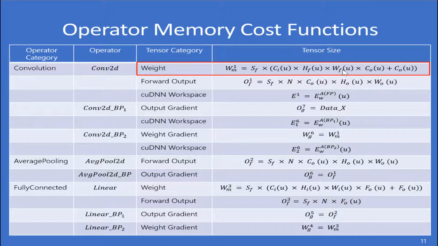WF represents the width of the filter. CO represents the output tensor channel. WM represents the size of the weight tensor in the Conv2D operator. Other operator-related tensors have similar formulas for tensor size estimation.